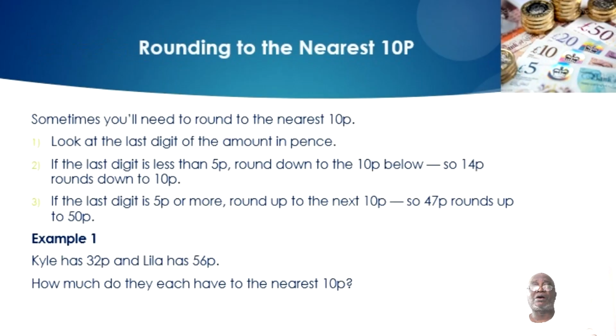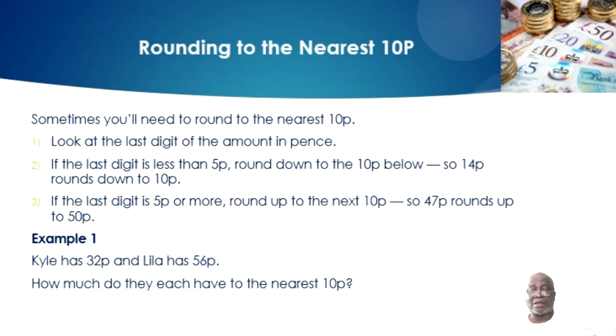And then you can also round to the nearest 10p. So you can round to the nearest pound, you can round to the nearest £10, and then you can round to the nearest 10p. Look at the last digit of the amount in pence if you're rounding to the nearest 10p. If the last digit is less than 5p, round down to the 10p below.